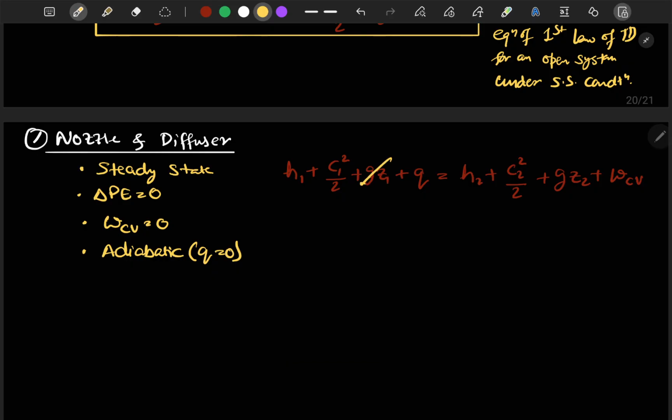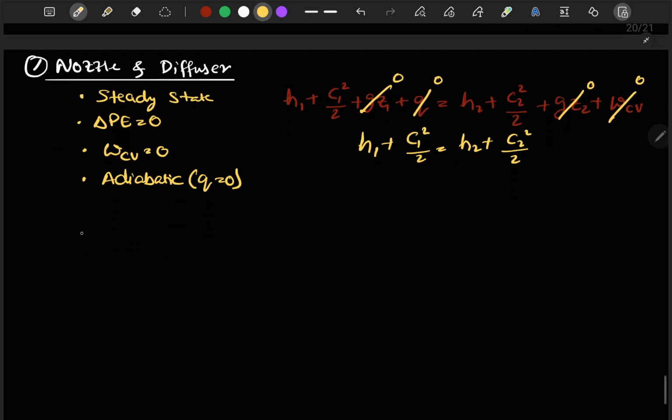There is no potential energy change, so this should be 0. There is no heat supplied, that is an adiabatic nozzle. There is no work supply. So we get the equation H1 plus C1 square by 2 is equal to H2 plus C2 square by 2.